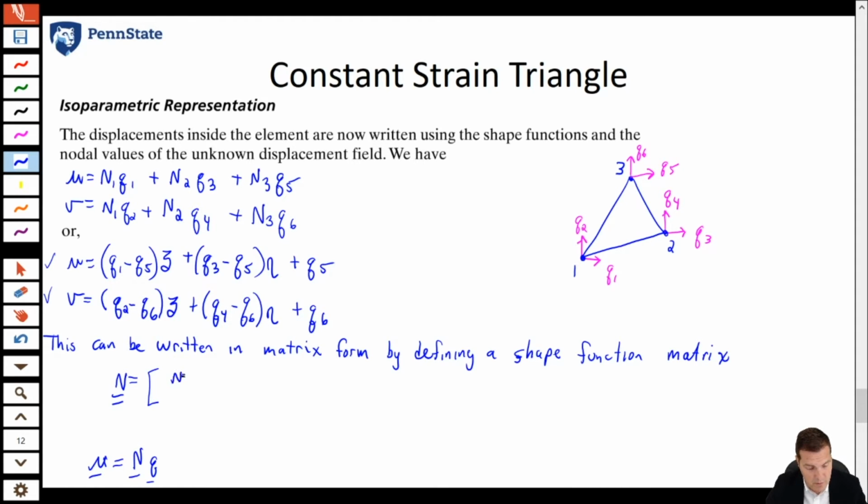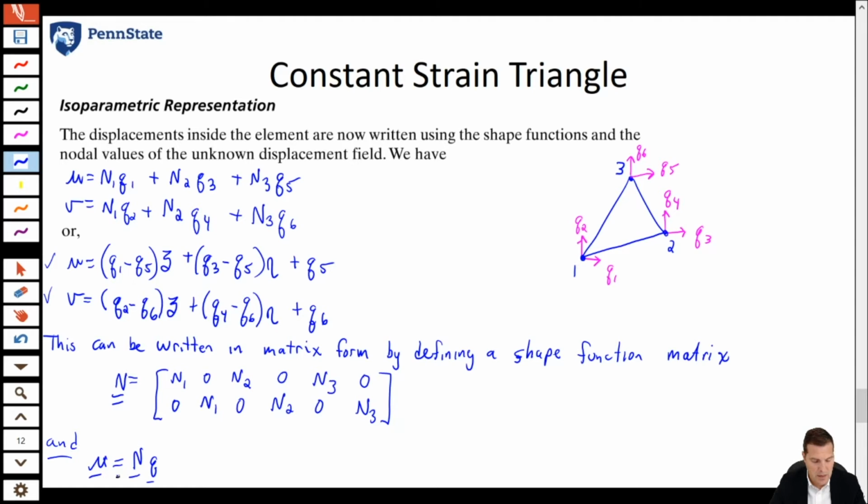It's equal to N1, 0, N2, 0, N3, 0, then 0, N1, 0, N2, 0, N3. It alternates, and you can see that we filled it in with zeros. When you multiply it times the Q vector, Q1 through Q6, you actually get this equation back.